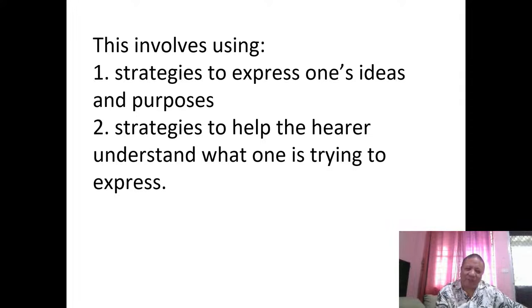So, class, for example, when I still didn't know how to say "pang ilang presidente si Trump" in English, I would try to use strategies to express ideas to a native speaker, to an American I was talking to. Once upon a time, I spoke with an American. I wanted to know "pang ilang presidente si Barack Obama."